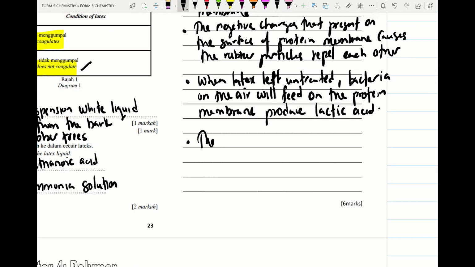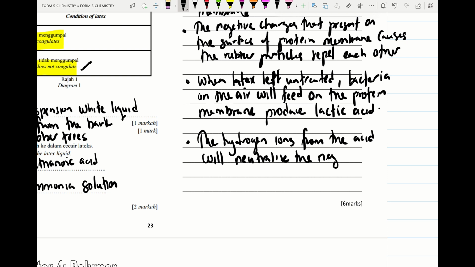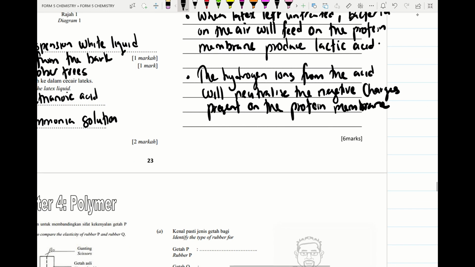Point number 4: the hydrogen ion from the acid that is produced by bacteria will neutralize the negative charges present on the protein membrane. All right, so we go for the next point.